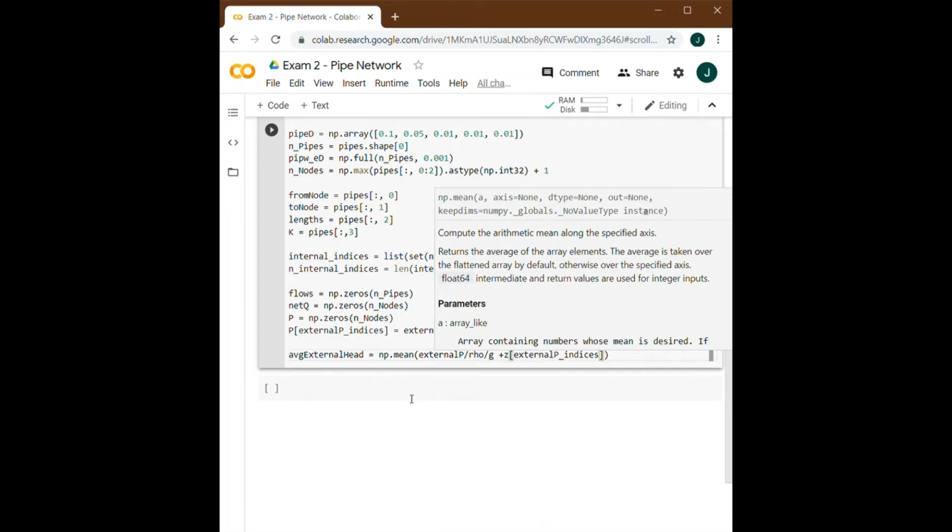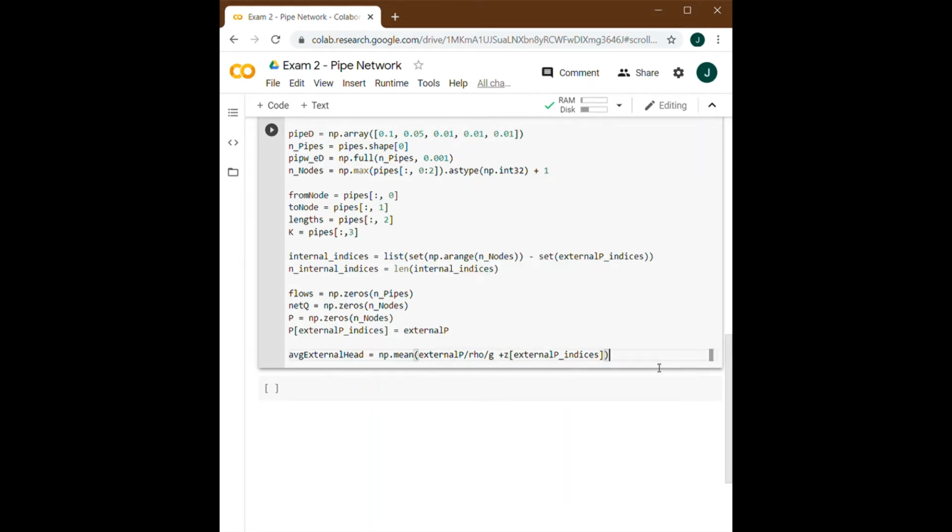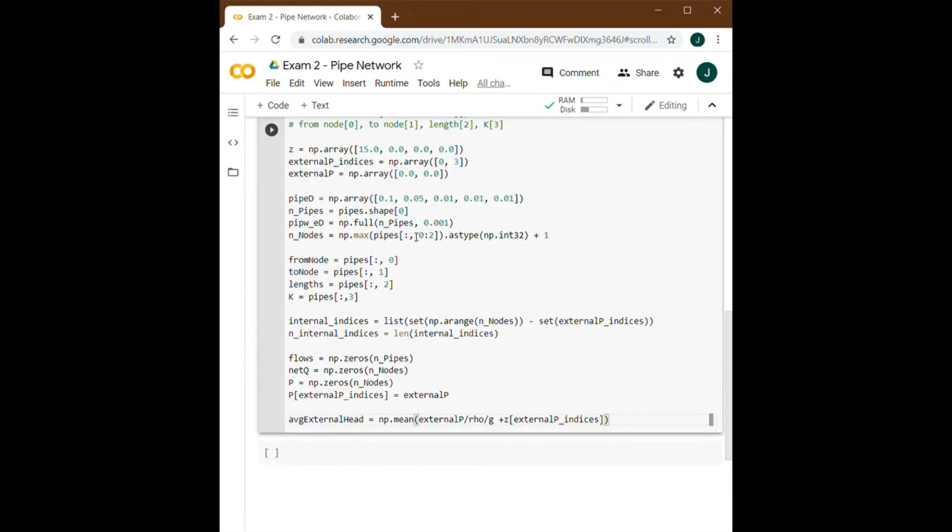Briefly, what this function does is it uses our head function that we came up with earlier, pressure divided by rho divided by gravity plus height, and basically averages our pressures and our heights.